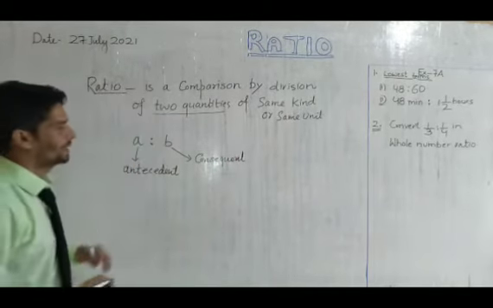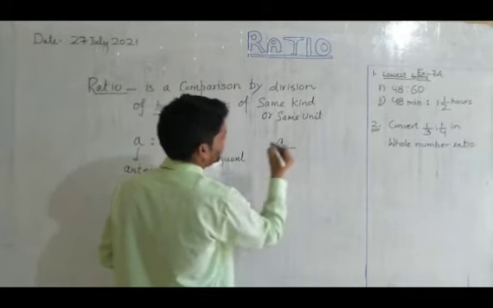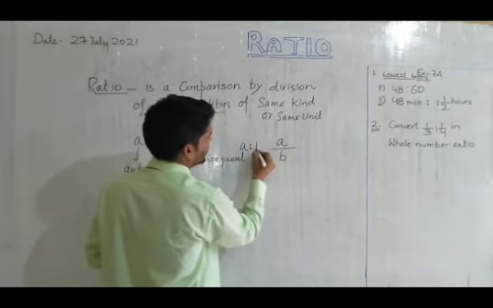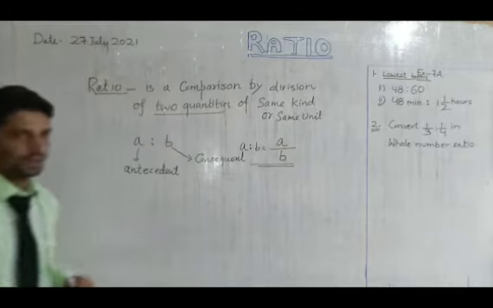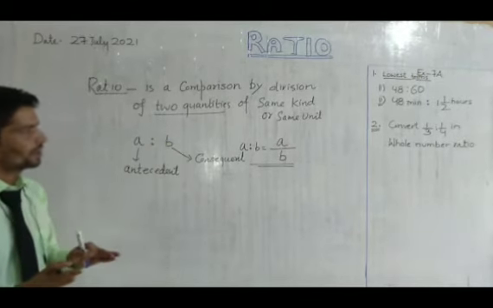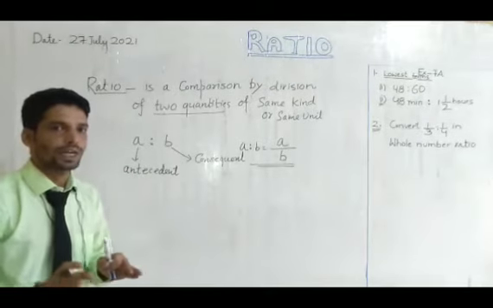We can write it in the form of A divided by B. A ratio B is equal to A divided by B. We can calculate the ratio between two quantities of same kind if the units of both quantities are the same.